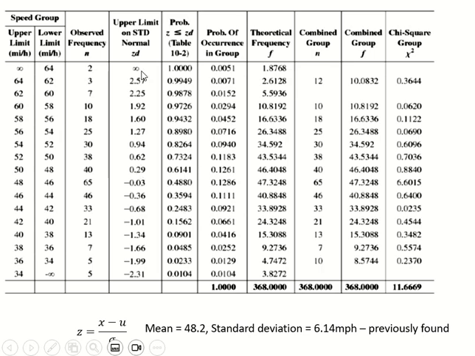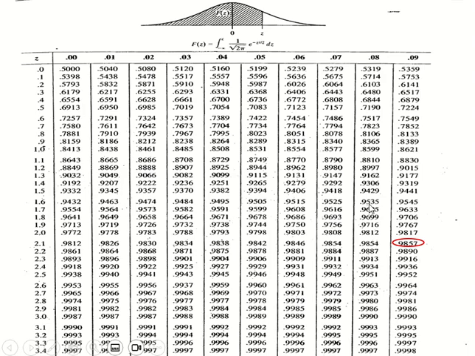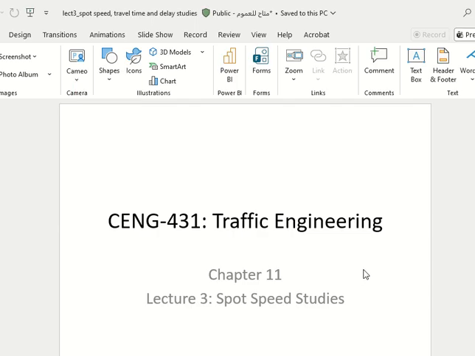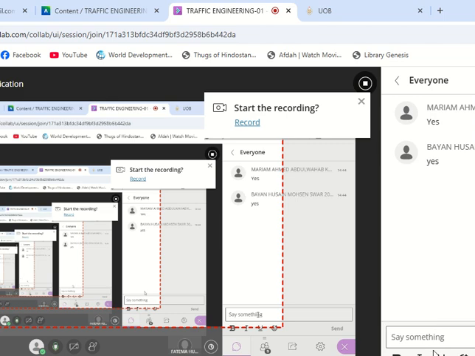Now if I go to find infinity in the z table, I will not find it. The maximum value here is 3.49. The rule is, any value more than 3.49, the probability is 1, because these are cumulative probabilities.